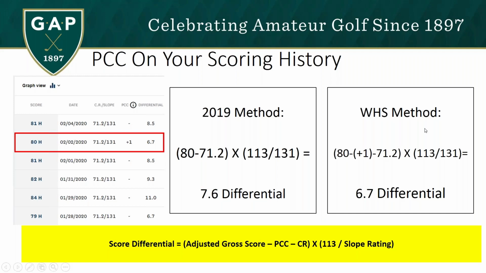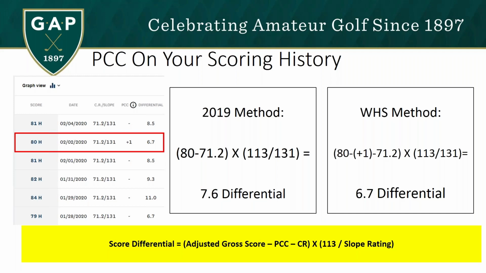In the World Handicap System method in 2020, adjusted gross score is 80, but now we have that PCC of +1, so you subtract +1. Essentially, the score's being treated like it is a 79. So that 80 minus 1, which is 79, subtract the course rating of 71.2, multiplied by 113, which is a constant for average course difficulty, and then divided by 131. In this case, the differential is 6.7.